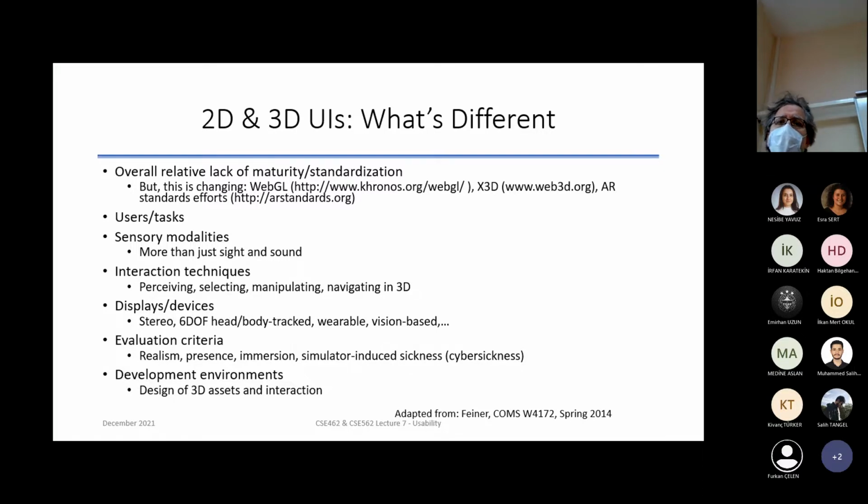There have been some attempts. Web3D at least addresses some of these things from a modeling perspective. Khronos has WebGL, and there is the ARstandards.org thing, but it's not active these days. I haven't seen anything from them for a long time.